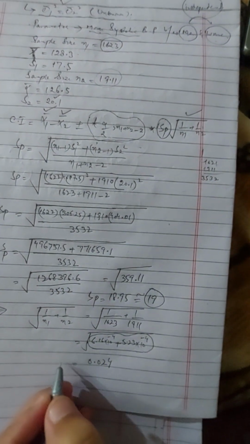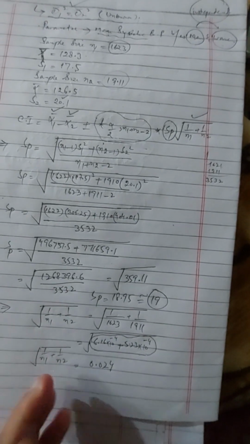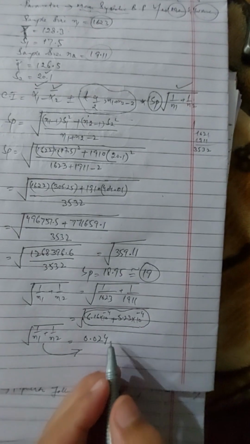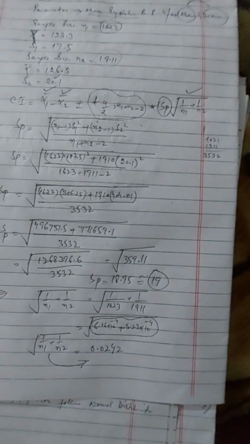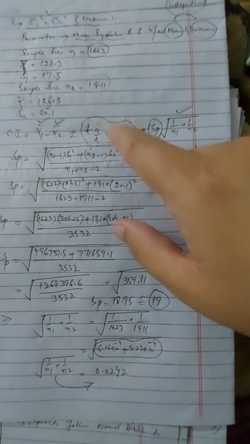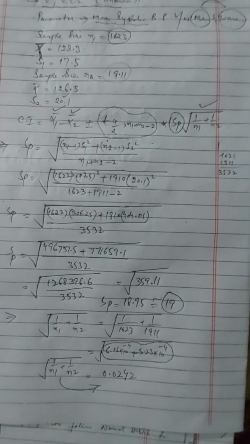So this is the value of the multiplier. Now we have this, and let's get the value from the t table, and with these two values we can find the confidence interval.